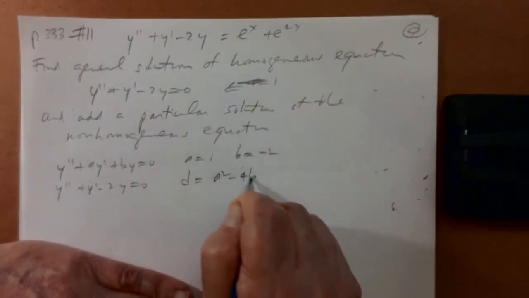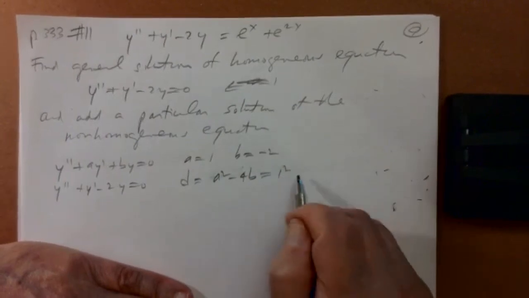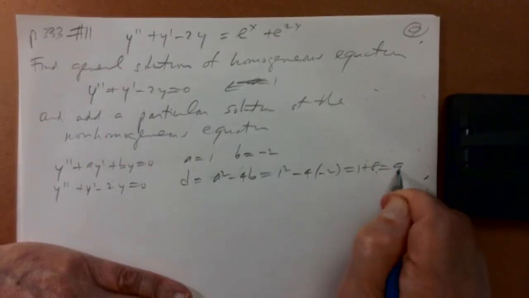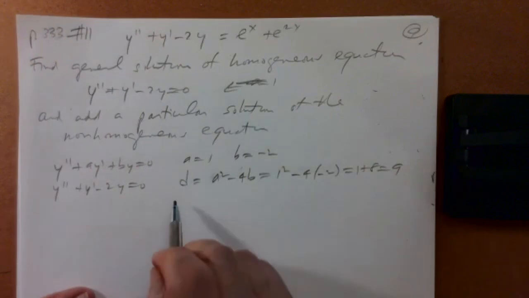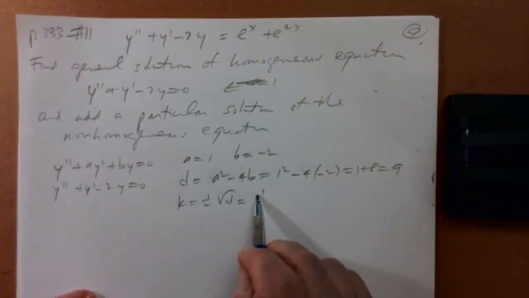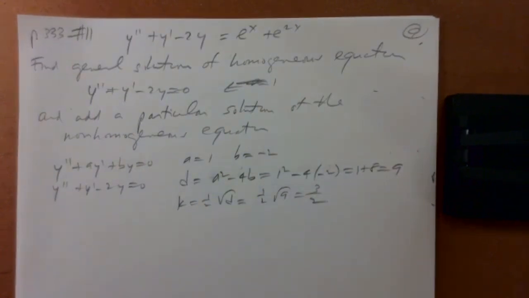D is a squared minus 4b, which is 1 squared minus 4 times minus 2, which is 1 plus 8 is 9. So k, which is a half the square root of D, is 1/2 the square root of 9, which is 3/2.